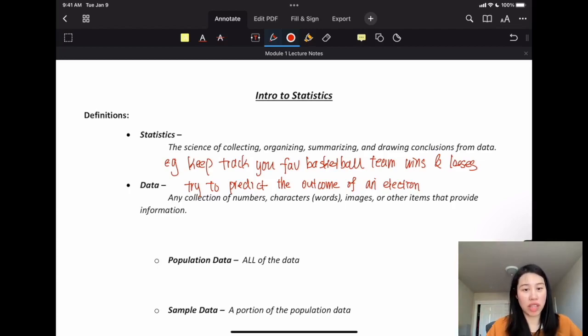So what is data? Data is all the collection of numbers, characteristics, images, or other items that provide information. For example, when we try to collect how old the students in our class are, right?